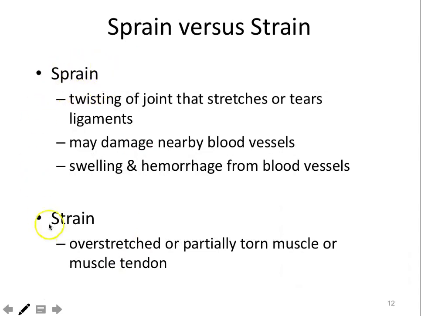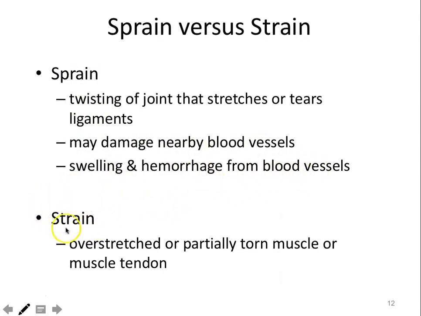So you have probably heard of sprains and strains. They're not mutually exclusive; the terms are just slightly different from one another. When we talk about a sprain, we're talking about damage to the ligaments. And if you damage the ligaments, oftentimes you're going to damage nearby blood vessels. You'll see swelling and bruising because you've damaged blood vessels.